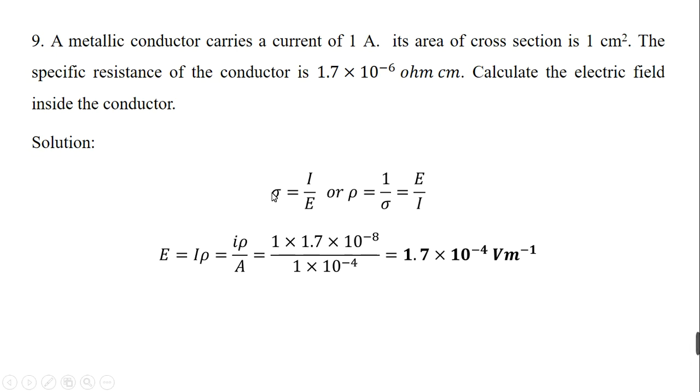So the conductivity expression is the ratio of current density to the electric field strength. So sigma is nothing but 1 over rho, or rho is equal to 1 by sigma. Just take the reciprocal of this, E by J.